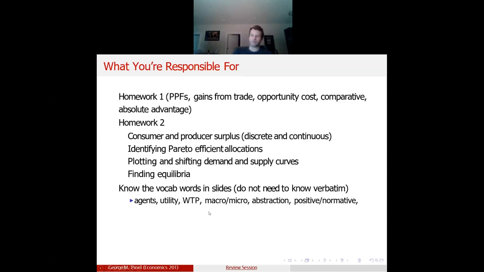Next up is abstraction, which is just the assumptions you make in order to say something definitive about a model. If you want to make a conclusion that's coherent about a model, you need to make some sort of abstractions.